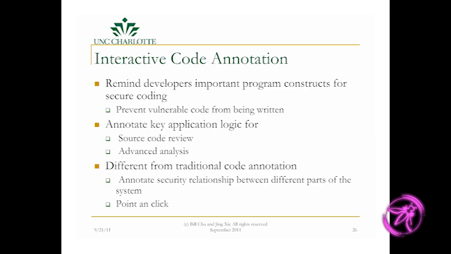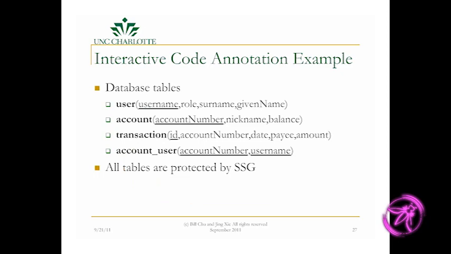People often misinterpret this when they see annotation. Developers don't like to do annotation. We wanted to make it really easy, and hopefully there is value add, as I will show you later on. So let me give you a motivating example, a very simple online banking example. You have a username, a role, first name, last name.